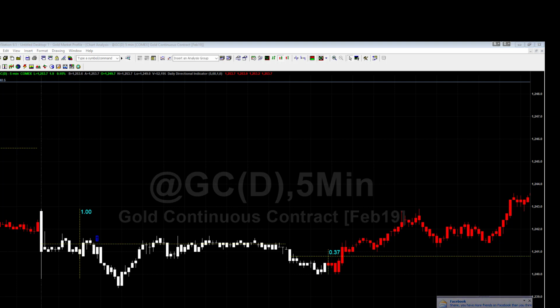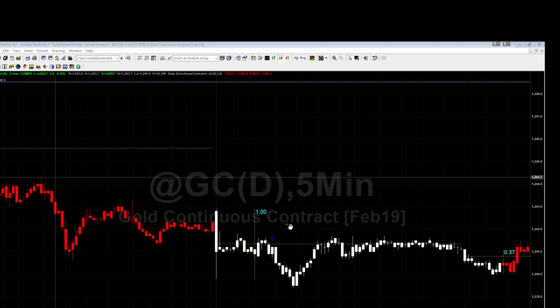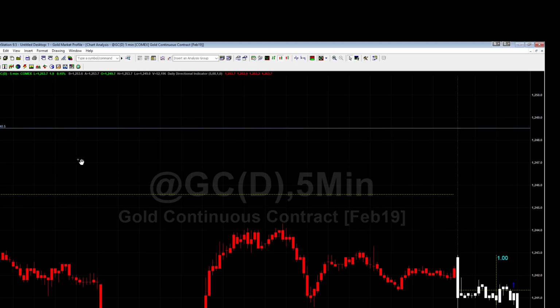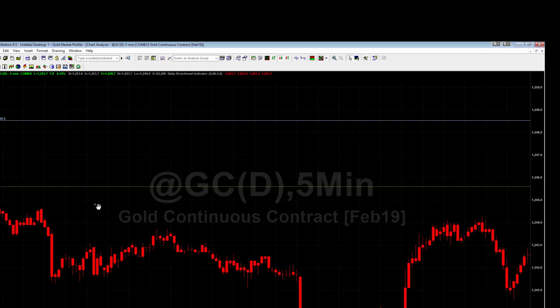A positive value is going to let us know that we should be looking at a potential long setup, and a negative value means that we should be looking to go short in the market. So let's have a look at a seller's day here.